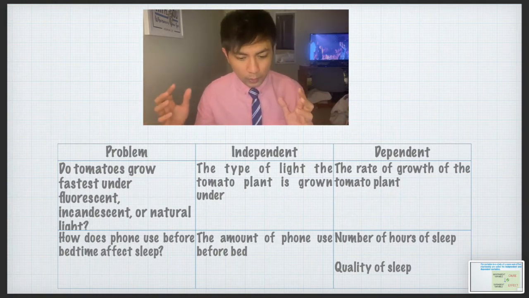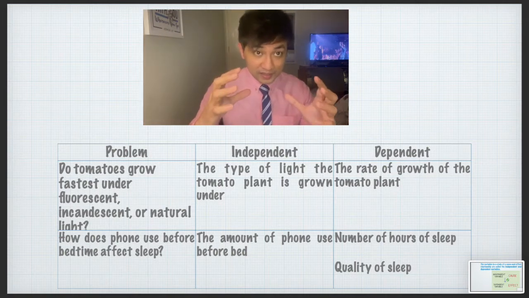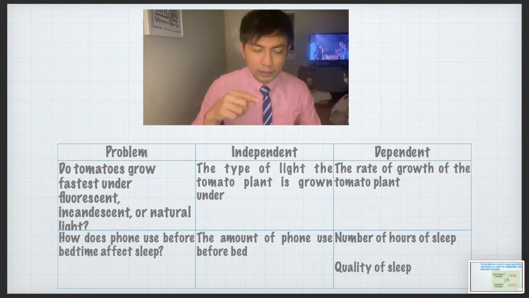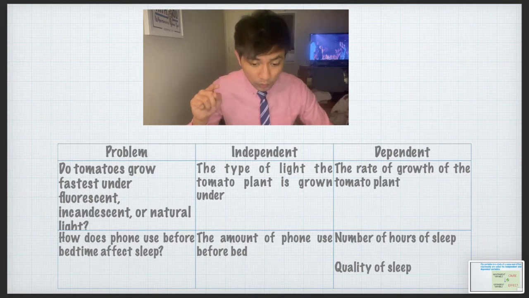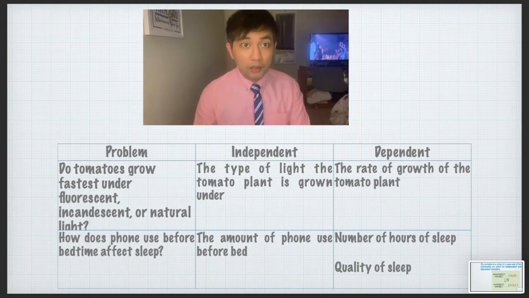And then what are we going to measure afterwards? That is the test, the thing that we are putting in that experiment. It will eventually have an effect. And what will be the effect? It will affect the number of hours of sleep, or the sleep quality of the people you are studying.